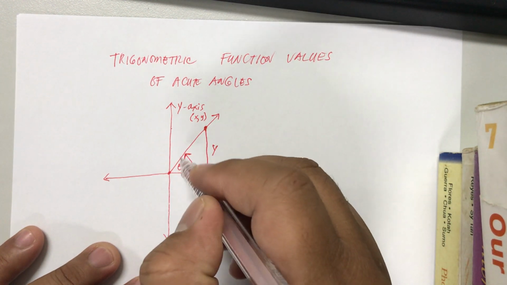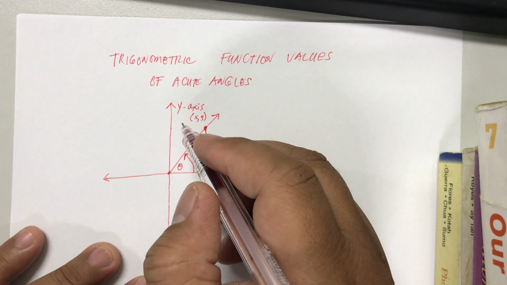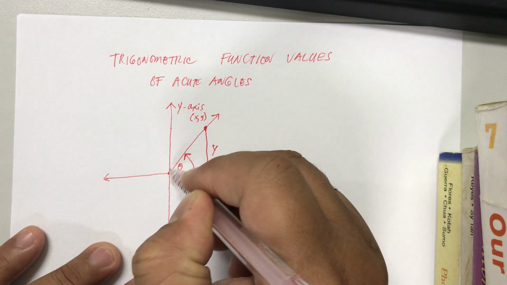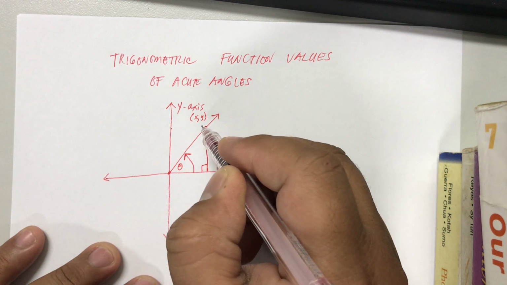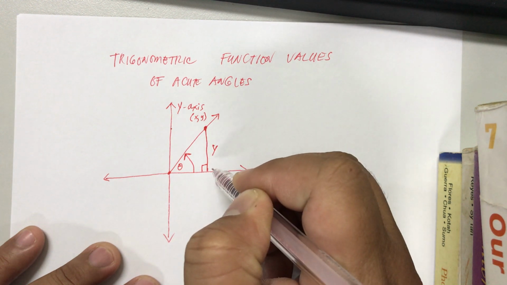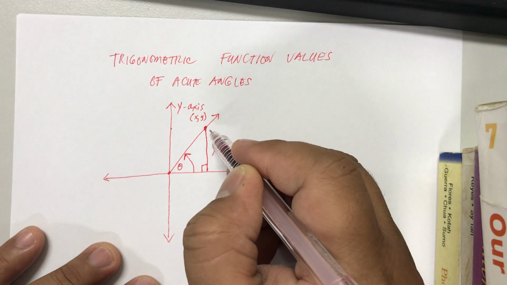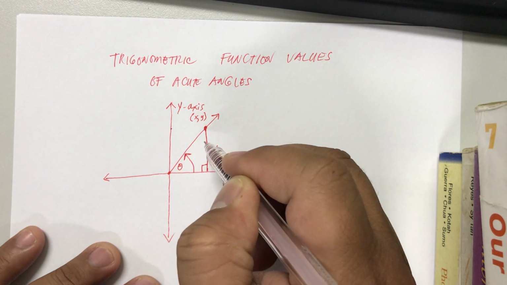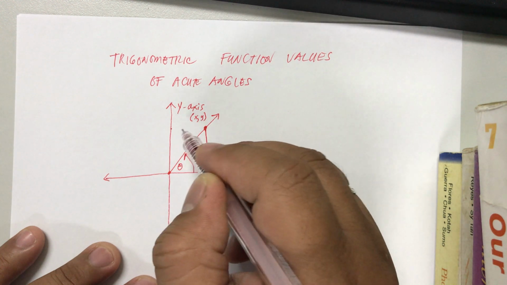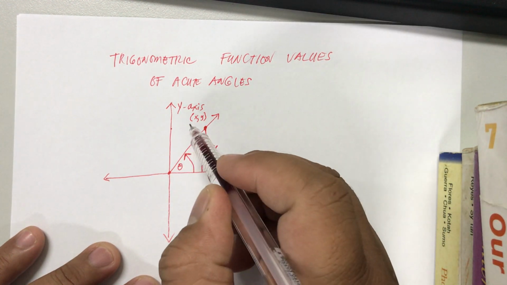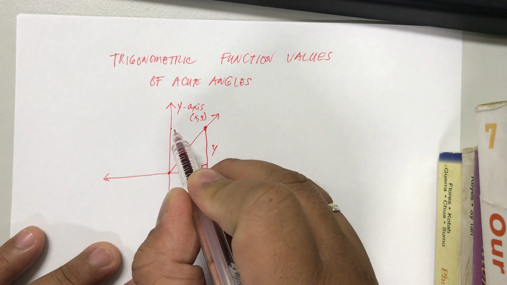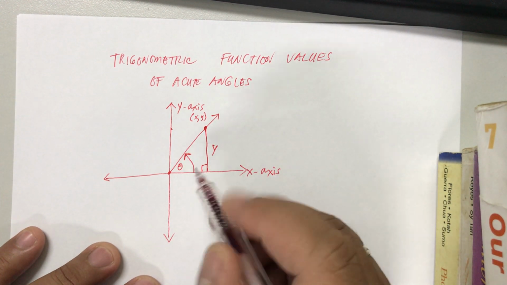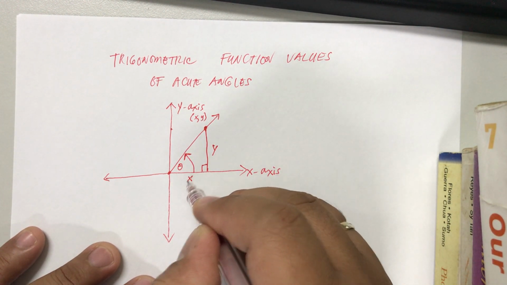So the length of the line segment from the origin up to this point will be the same as the length of the line segment that is perpendicular to the x-axis, since these two line segments are parallel sides in a parallelogram. That is, if you draw another line segment connecting these two points. This is y, and of course this is x.